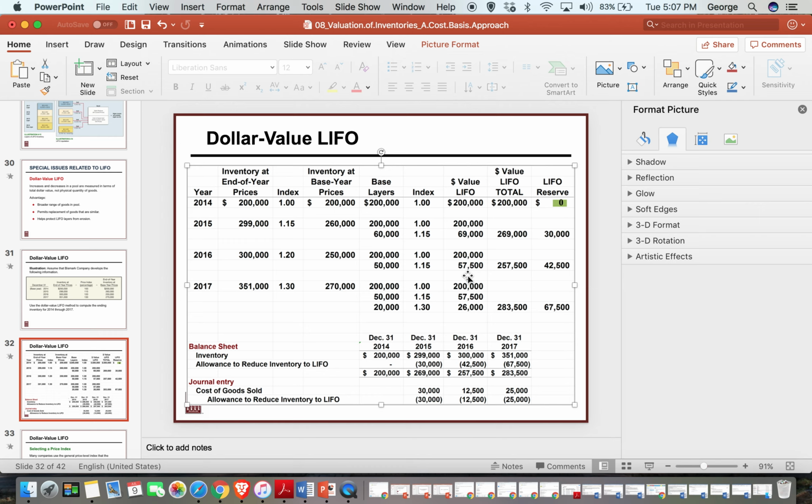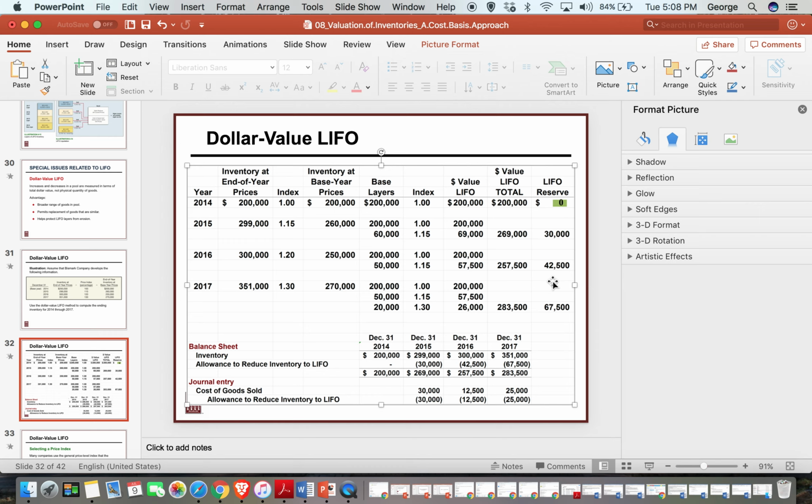I've got 200,000, which would be my dollar value of LIFO, and then an additional 50,000 at 1.15, which is 57,500. I add those two together to get 257,500, and then I subtract that from my year-end prices of 300, and I end up with 42,500.